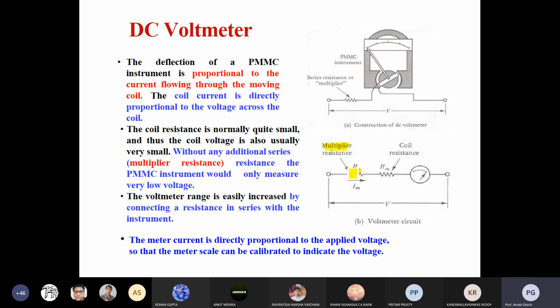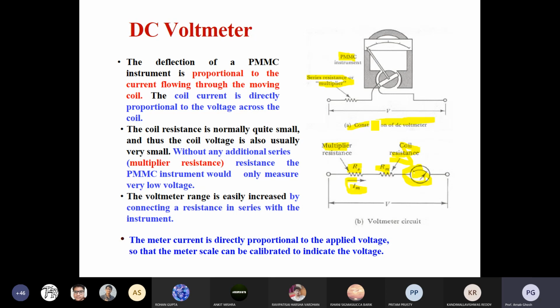IM will be the same; there will be no change of IM. RM, the coil resistance, will also be in series. That is your voltmeter. From the PMMC instrument diagram, you get the construction of the DC voltmeter and its circuit.